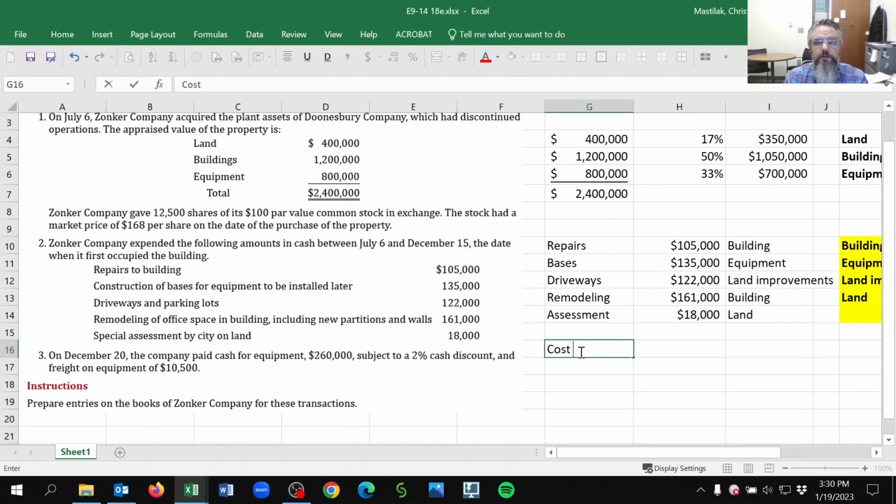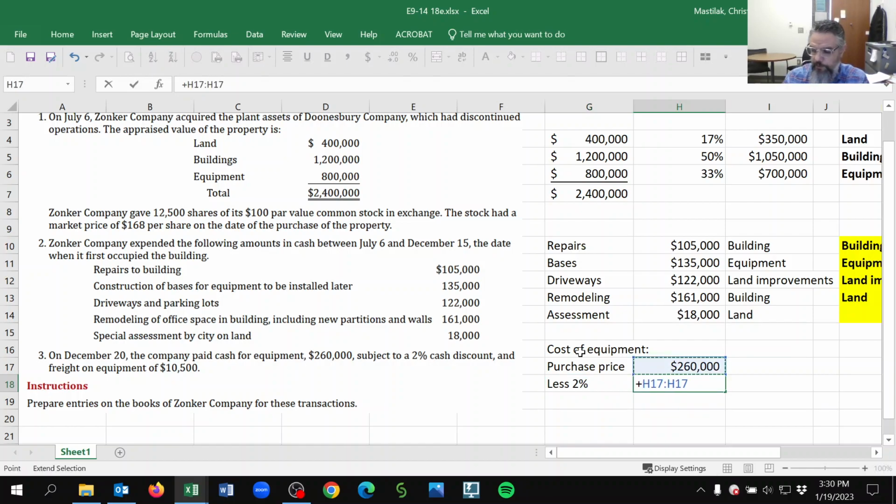So what's the cost of the equipment? We're going to take the purchase price of the $260 and multiply it by 0.98. That's 254.8, so that's going to give us our discounted price, because remember, what we gave up is 254.8, not 260.